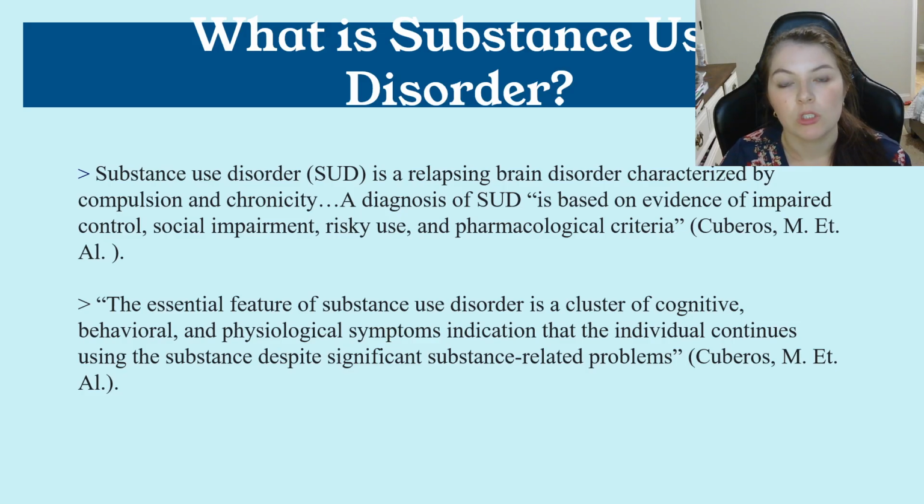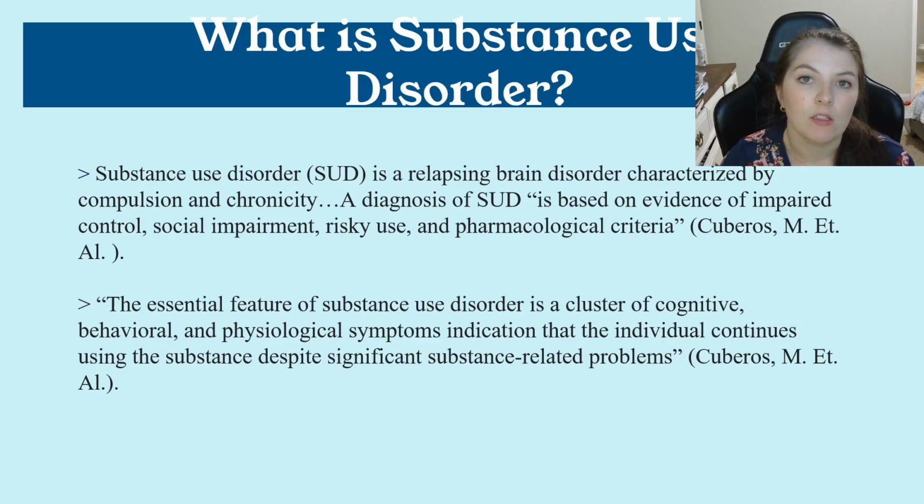It leads to a loss of control and an inability to stop even when the user knows that it's causing them harm. It is a medical condition, and its diagnosis is based on several different things, including impaired control over the substance use, social impairment, risky behavior, and the presence of symptoms such as tolerance and withdrawal.